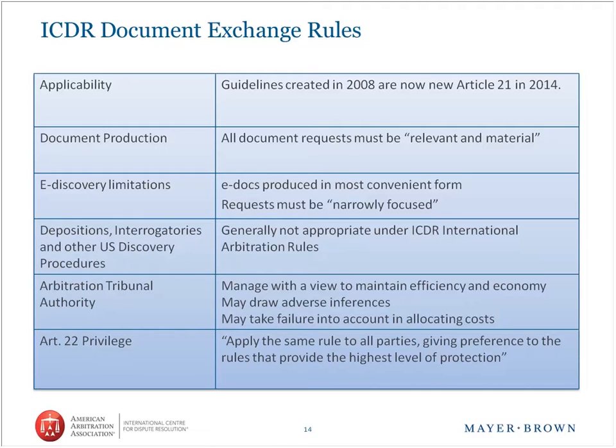I also think that we included a mechanism in this rule that basically says U.S.-style discovery is not appropriate for international arbitration under these rules. And parties can agree otherwise. It doesn't say there'll be no depositions or interrogatories or otherwise, but it does say they're generally not appropriate, and so it really sets a nice benchmark for economy and efficiency.